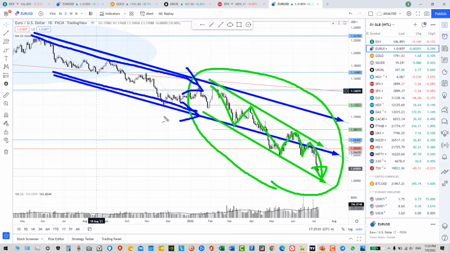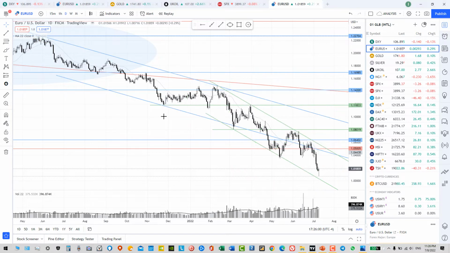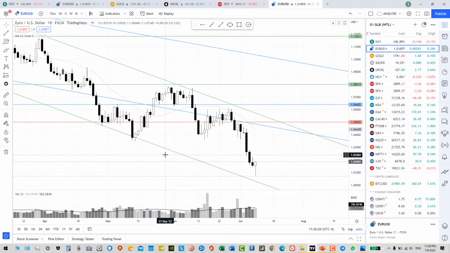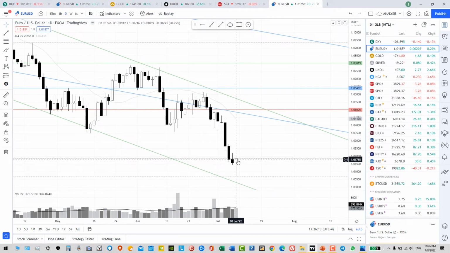So I think the euro now is under selling pressure over all the time frames: major, medium, and short term. In addition, we can see that even the speculative ultra short move is also down.